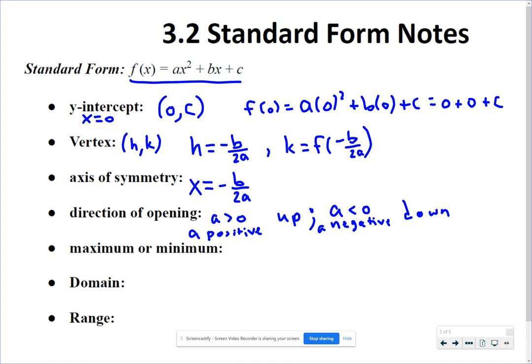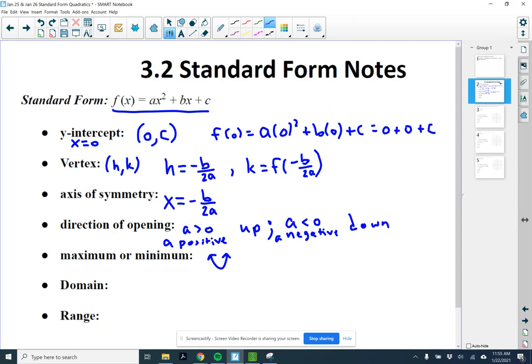All right, let's think about what happens here with our parabolas. If we have a parabola that opens upward, it'll look something like that. I'm going to change colors here really quick. I'm going to identify that vertex with a little red point. If that parabola opens upward, our vertex is a low point. Low points are called minimums.